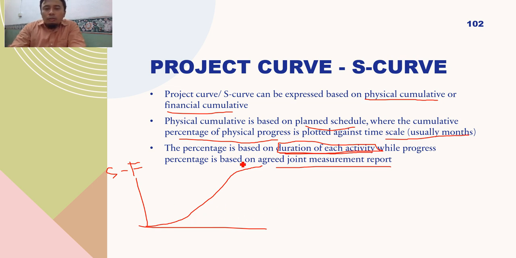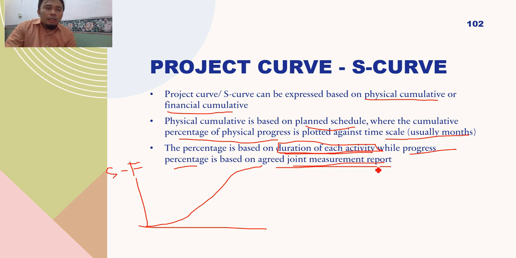So what I want to highlight in the third statement is progress percentage. This is your S curve guidance based on the planned program. So what you want to plot every month cumulatively is the agreed joint measurement.